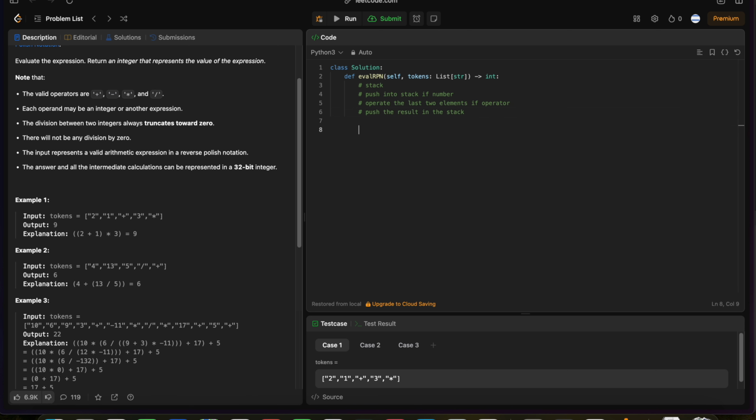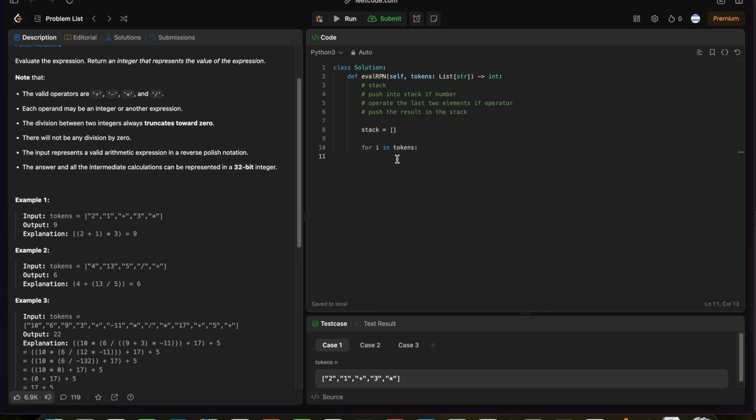So we'll create a stack using an array. For i in tokens, we go through every element. In example 3, we can see that there is -11 as well. So we can have negative values also as a form of string in the tokens.